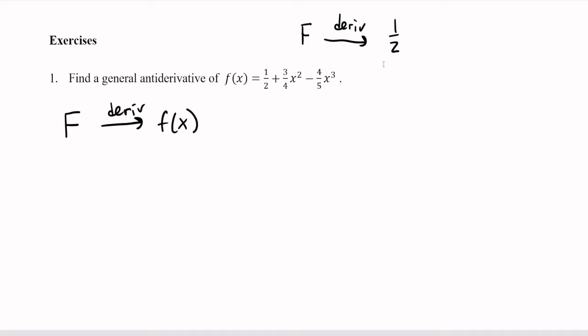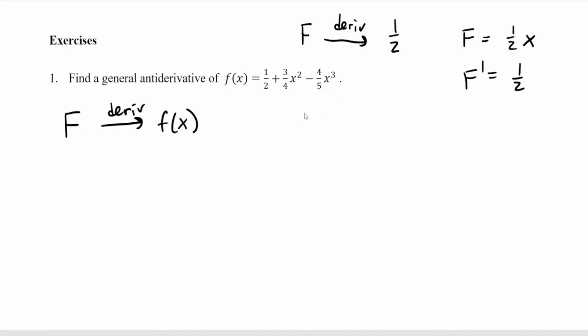So what's a function that when I do its derivative, I just have 1/2 left? Hopefully it's not too bad to see that in this case, f would have to be 1/2 x. Take its derivative, and you get 1/2. Okay, you're done. So 1/2 x has to be the antiderivative of 1/2.